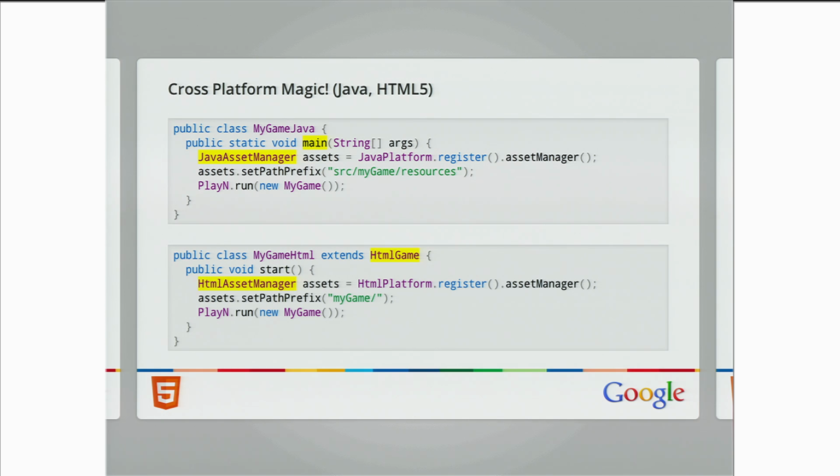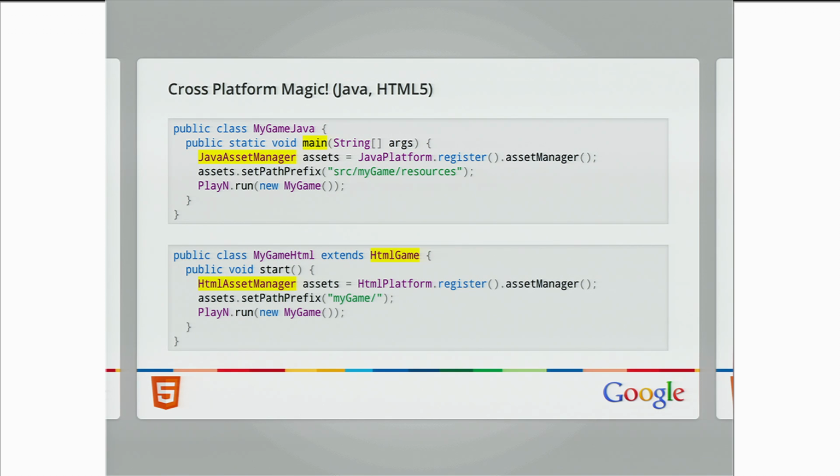Similarly, the HTML5 case is slightly different, but similarly simple. In the HTML5 GWT web world, the class that starts everything has to be a GWT entry point. So here we extend HTML game, which is a GWT entry point. We have this start method. Again, we have to tell the local system how to find the assets. So that's the HTML asset manager.